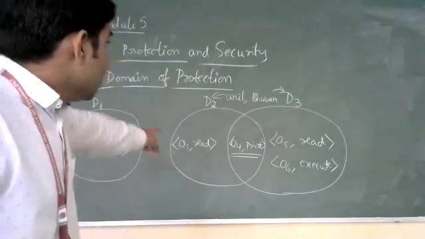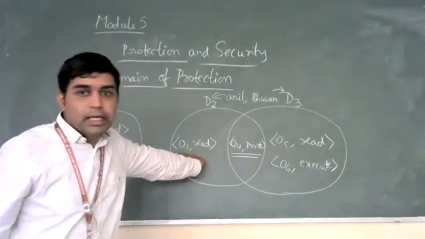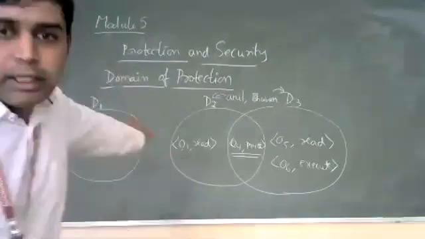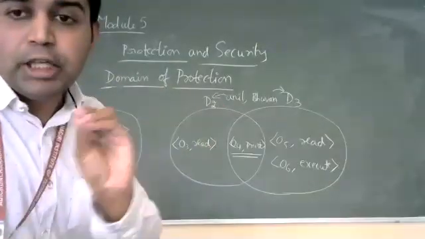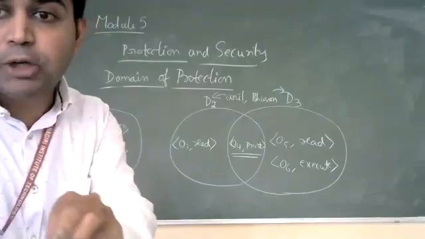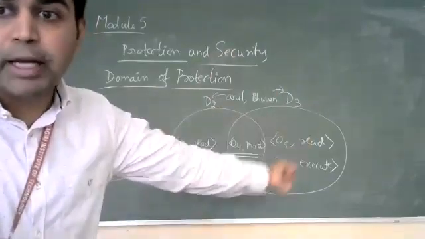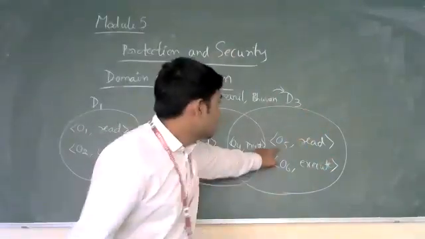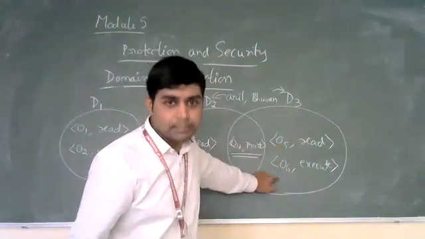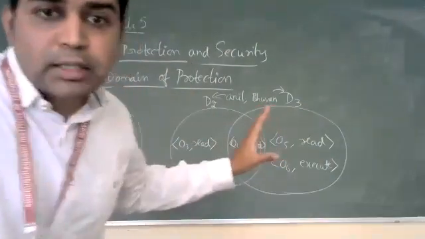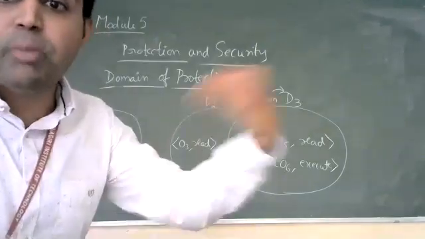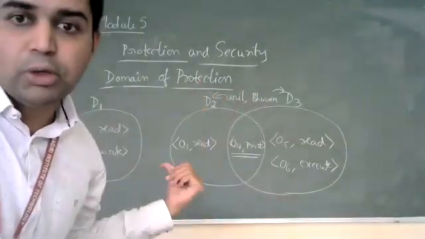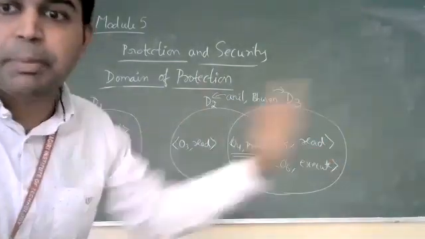But you can see object 3 here. Object 3 is only accessed by users belonging to domain 2, not domain 3. Similarly, objects 5 and 6 are accessed only by users belonging to domain 3, not domain 1, because they are separate.